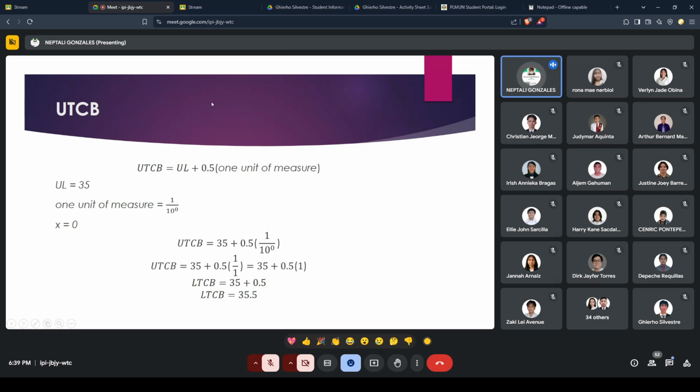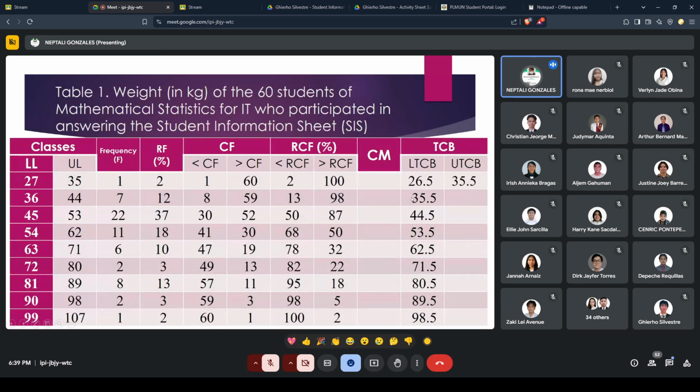It's easy because the given again are all in whole numbers. To get the next, pwede mo ulit, 44 plus 0.5, 44.5.